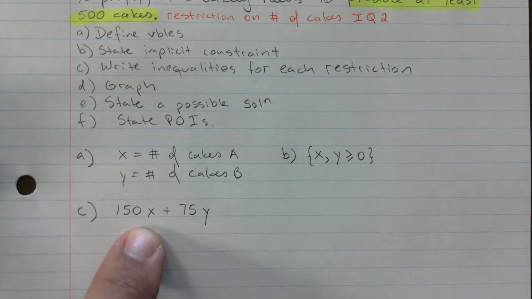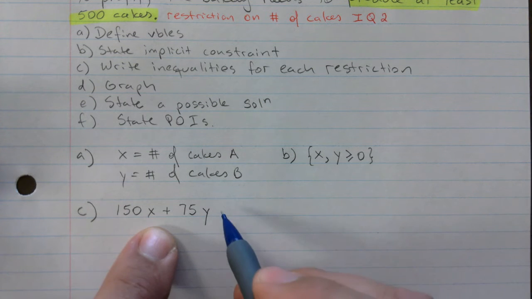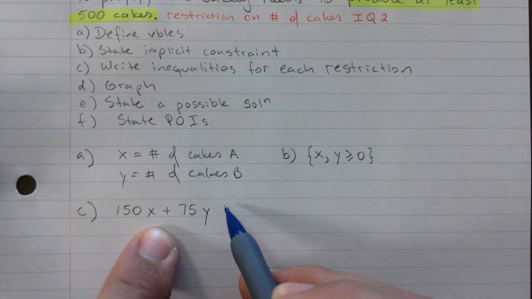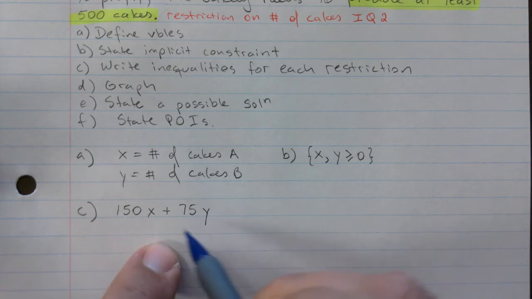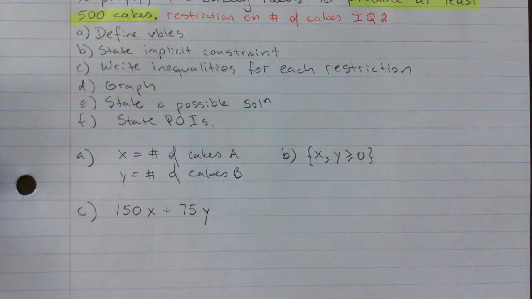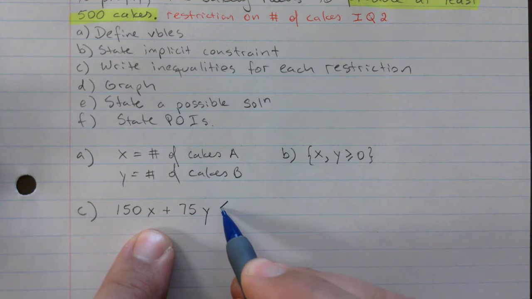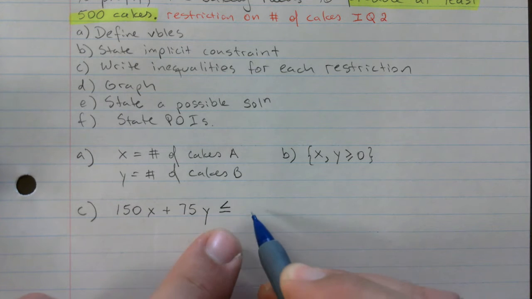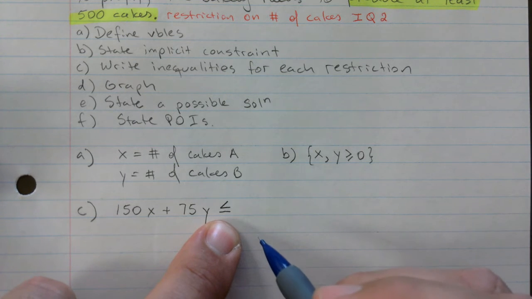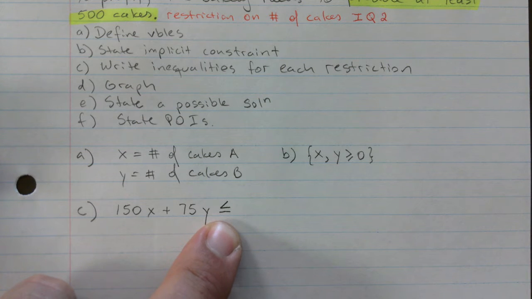And whatever that combination is, it has to be, what would you say, less than or greater than? Less than, right? This combo, the flour. You're making a bunch of cakes. Whatever combo you make, it has to be less than or equal to your maximum. What would you put here? This goes back to minutes and hours, by the way.